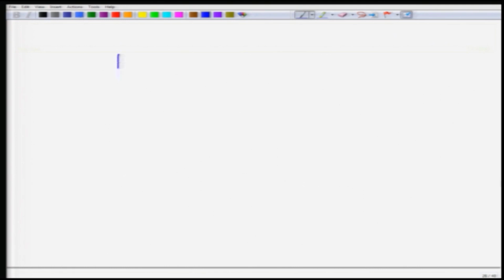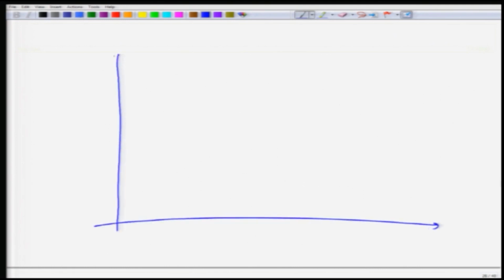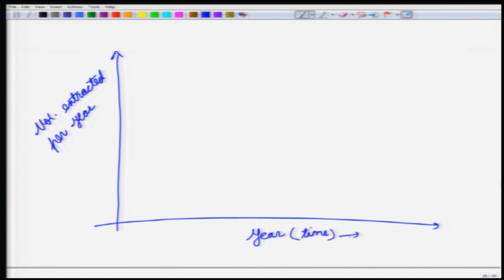If we were to draw a plot between the volume extracted per year versus the year, or let us say time, then sustained yield would say that the same amount should be extracted every year, and it will be of benefit to the forest owner if this amount could be maximized.